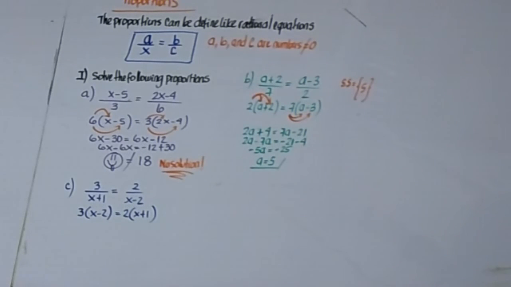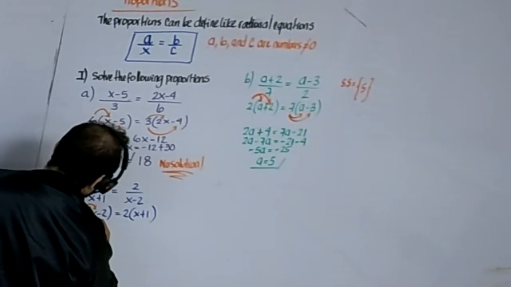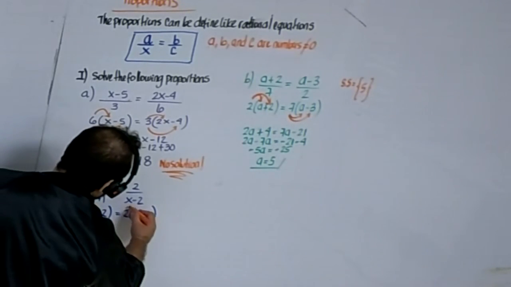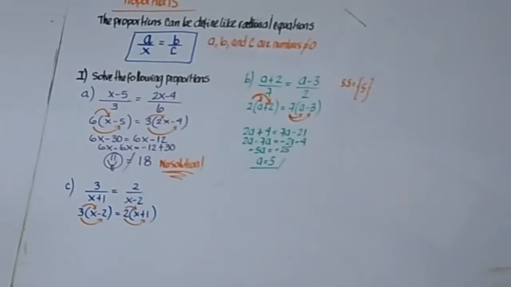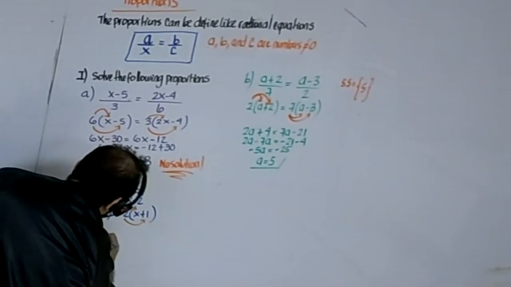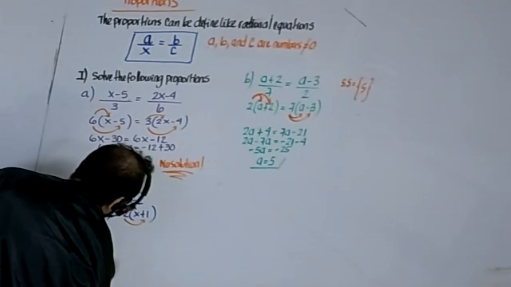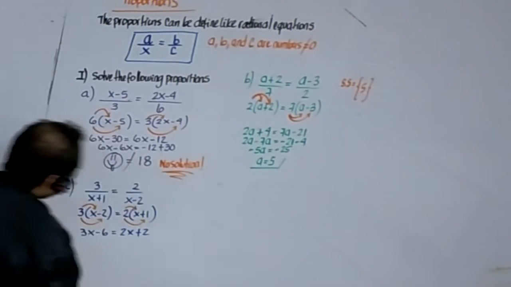Let's proceed to multiply: 3 times x, 3 times negative 2, 2 times x, 2 times 1. So this is going to be 3x minus 6 equals 2x plus 2.